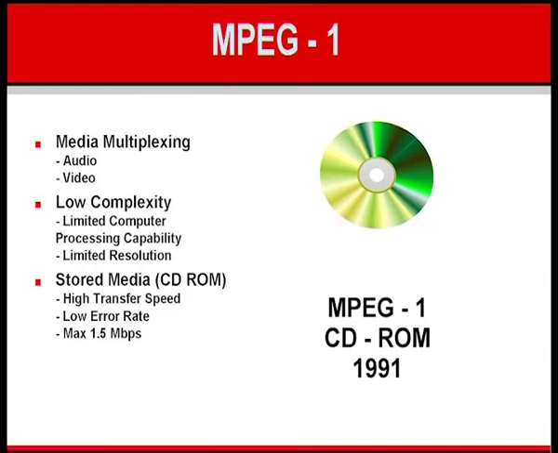MPEG. The MPEG standards were developed by the Moving Pictures Expert Group, a working group convened by the International Organization for Standardization and the International Electrotechnical Commission, which created standards for the digital representation of moving pictures as well as the associated audio and other data. Using MPEG-1, you could deliver 1.2 Mbps of video and 250 kbps of 2-channel stereo audio using CD-ROM technology.